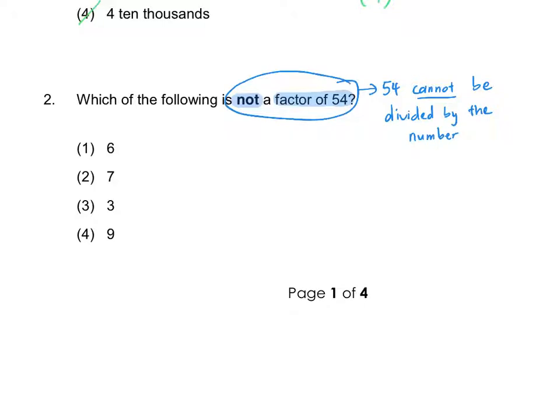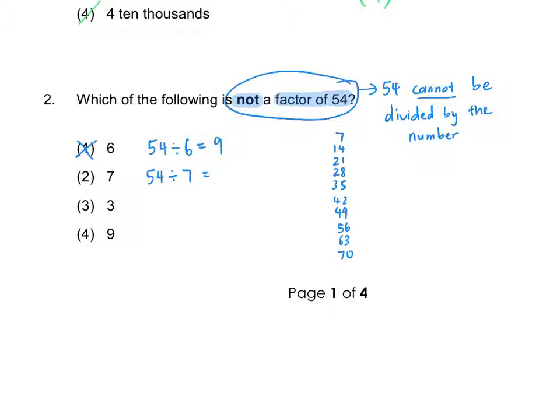So let's take a look at the first option. Can we take 54 divided by 6? Yes, the answer will be 9. So this is not the answer. Next, can we take 54 divided by 7? If you list the 7 times table: 7, 14, 21, 28, 35, 42, 49, 56, 63, and 70.